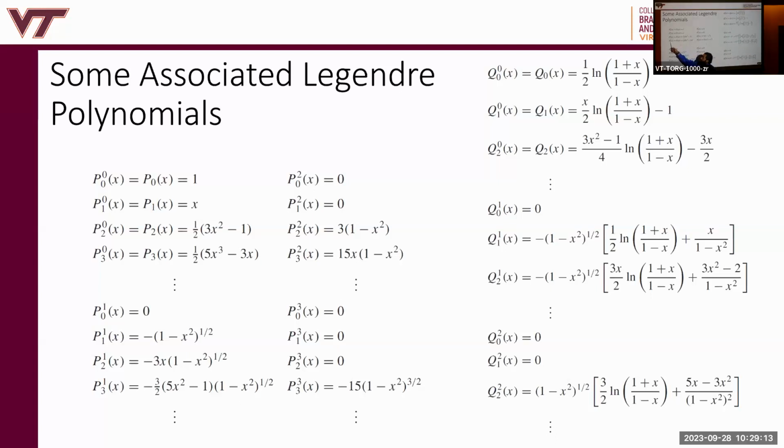So m is 0, but n varies from 0, 1, 2, 3. We get these polynomials. They are related to the ordinary Legendre polynomials, right? When m is equal to 0, we expect that these solutions should be the same as the Legendre differential equation, because the Legendre differential equation is the associated Legendre differential equation with m equals 0. So these solutions are the ordinary Legendre polynomials.